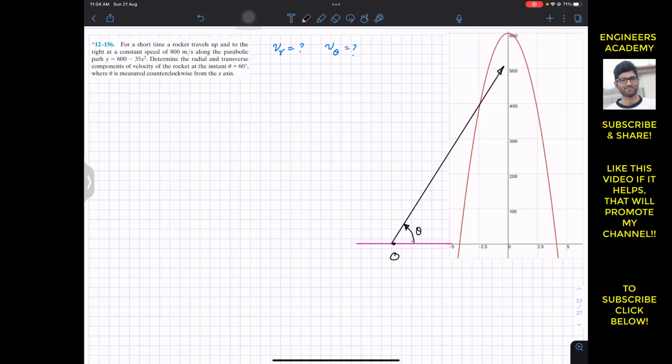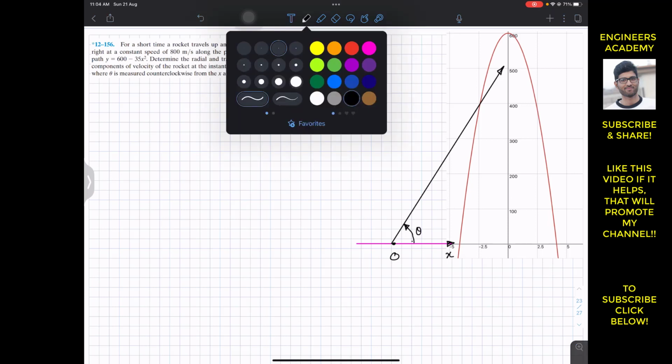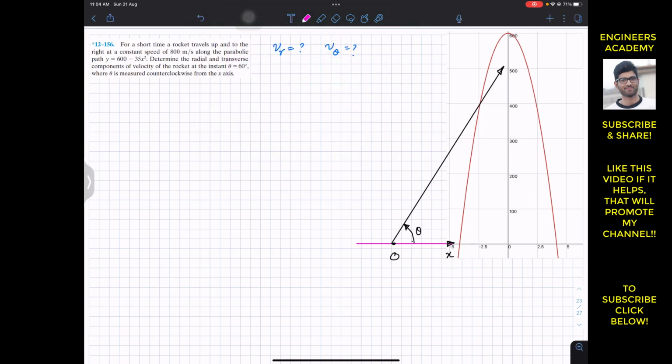So now if I choose that point O as my reference, this is my positive x-axis, and my positive y-axis is going to be in the upward direction like this. So this is my positive y.